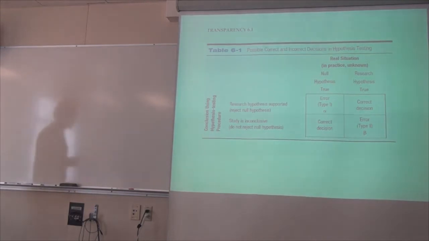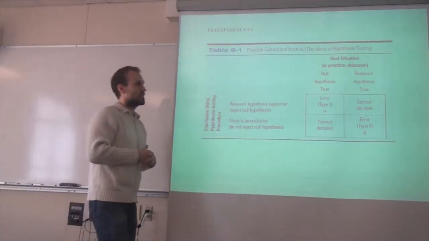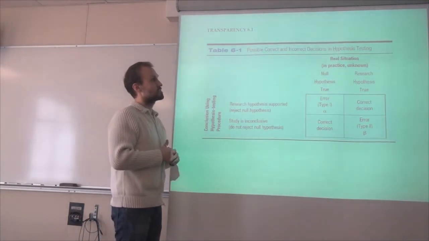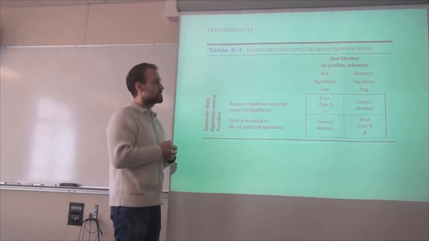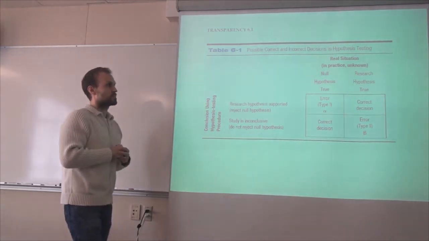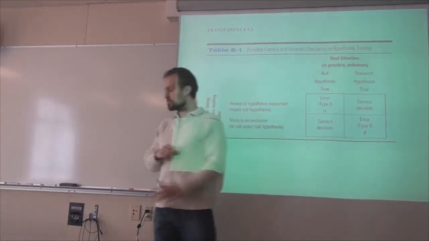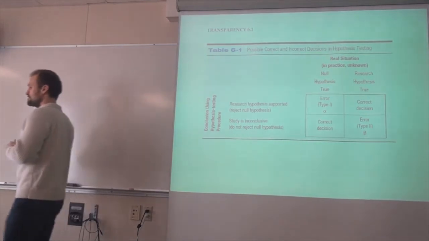I could get something that doesn't quite lead me to the right conclusion. So when the research hypothesis is true, there has been a change, but my conclusion based on my sample is that it's not strong enough. I don't reject the null hypothesis. That is again the wrong decision, and we call that a type 2 error.